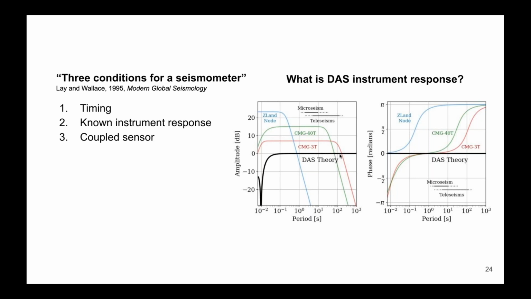But at longer periods, we should be theoretically flat, and the phase response should also be flat. We have different seismic energy on Earth that we can use to probe this. For example, ocean microseisms generate energy around 7 to 20 seconds, excuse me. And teleseisms provide energy down to maybe 200 seconds, 300 seconds, as recorded by broadband seismometers. It's this energy that I'll use to interrogate the instrument response of the DAS by co-locating a broadband sensor.